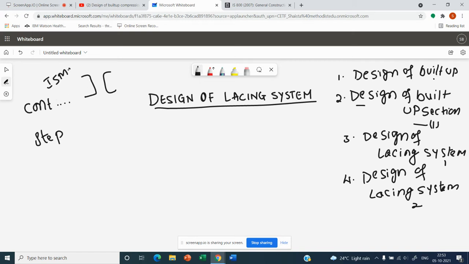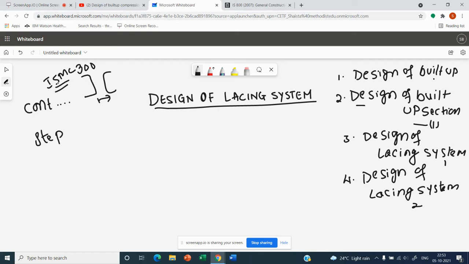ISMC 250 with a spacing of 184 mm. Oh, sorry, it is ISMC 300. ISMC 250 failed, so we designed it for ISMC 300.